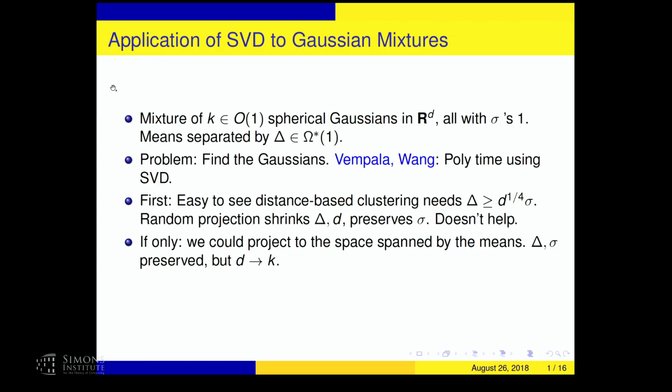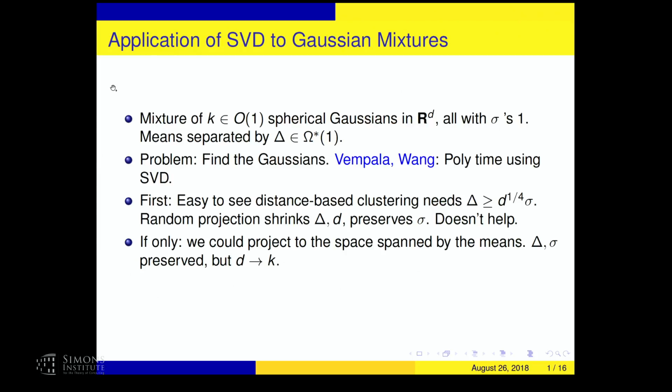We all know how to handle that. So then maybe we can do this. So what happens then? Then delta remains the same, right? Because we are projecting to the space of centers. D, however, has become much smaller, namely K, and therefore this inequality is more likely to be true at a small separation, right? So then you can do distance-based clustering in the projection.